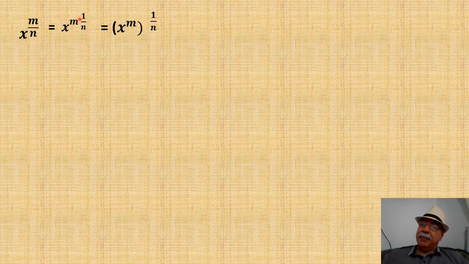So we have here this part and this part, x^m, all this bracket raised to the power 1 over n. We write it like this. We change this, meaning 1 over n multiplied by this. Now, this is the last rule about it.